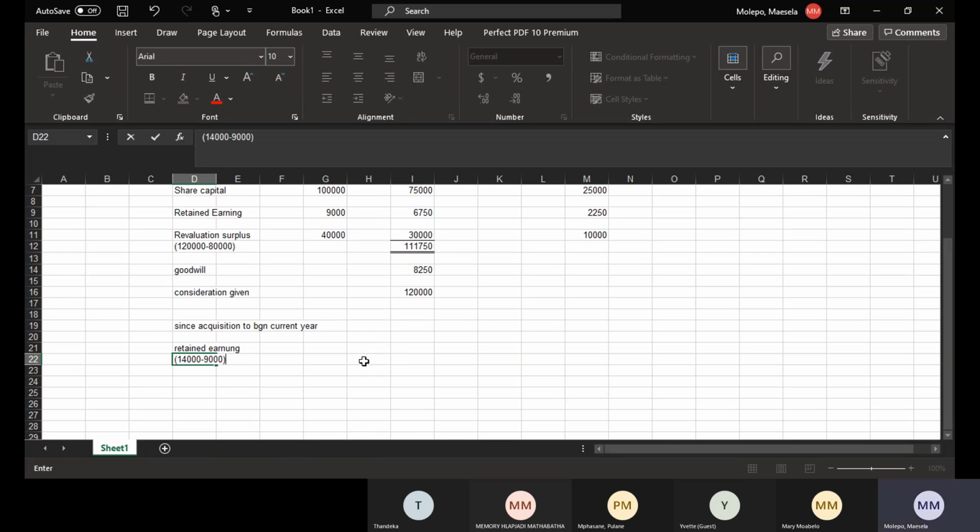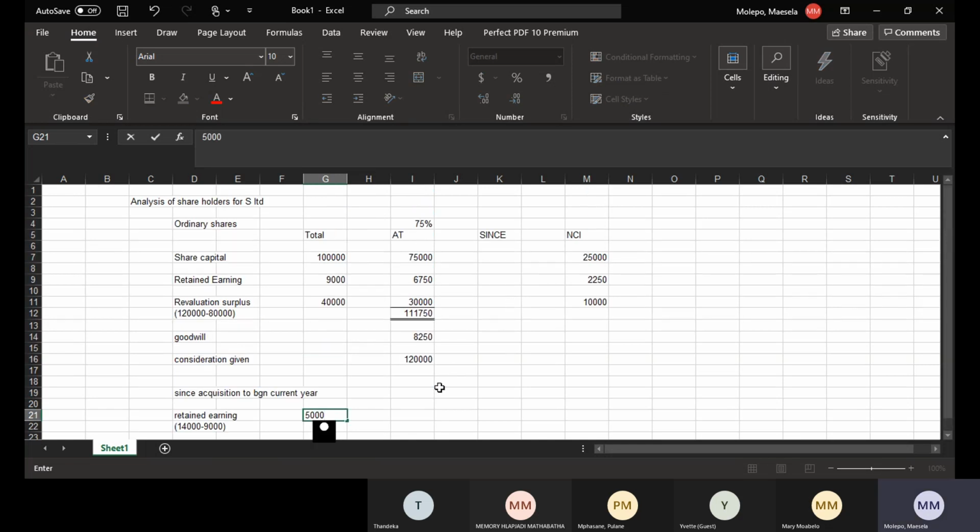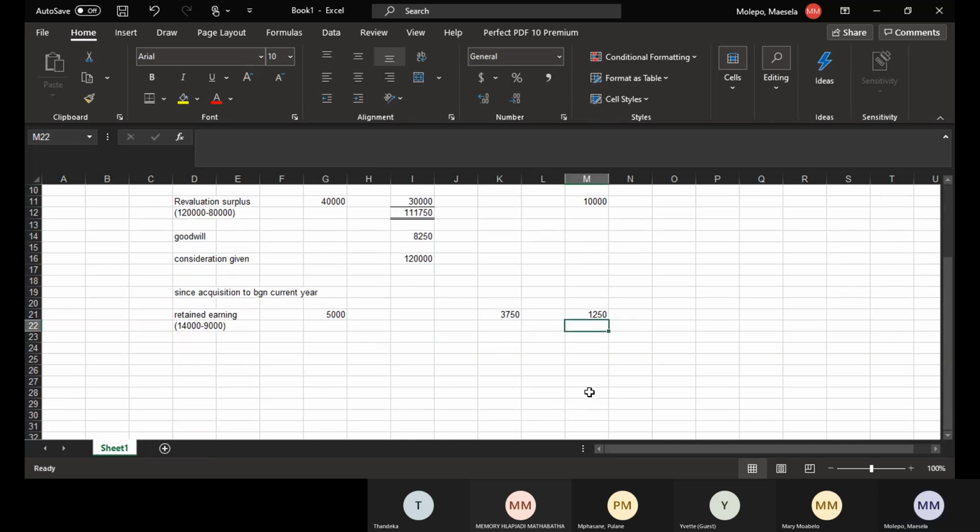Then we have an amount of 5,000. Then we do our percentage, which will be 3,750, and then the NCI will be 1,250. Then we go to the current year.